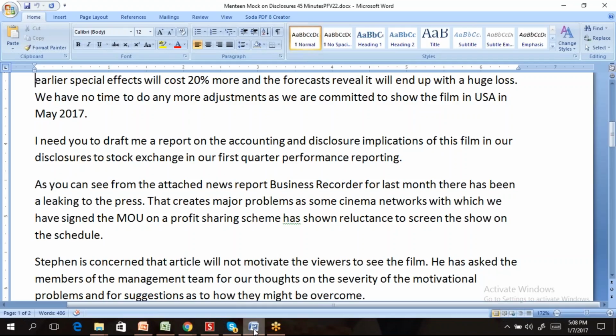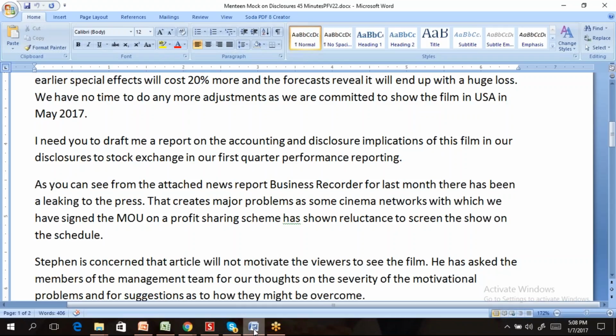Got it. But having said that, because we are going to end up with a huge loss, and if the loss can be measured to a greater extent, we must quantify the amount and say as a note to the financial statements that the film is going to end up with a loss due to these reasons.